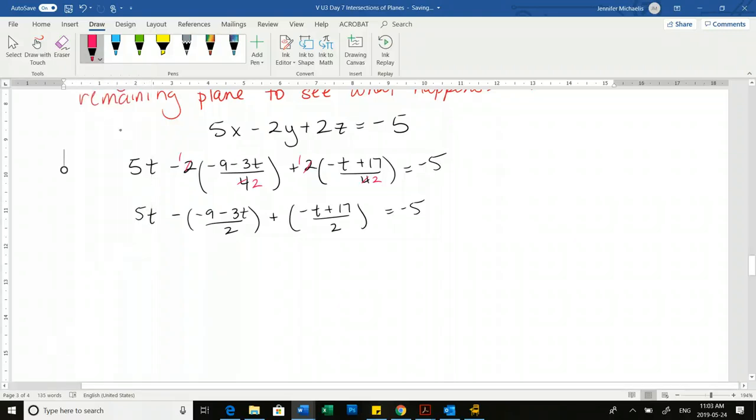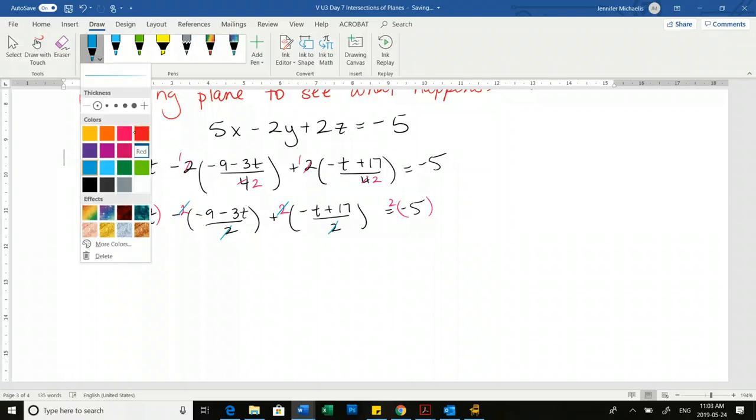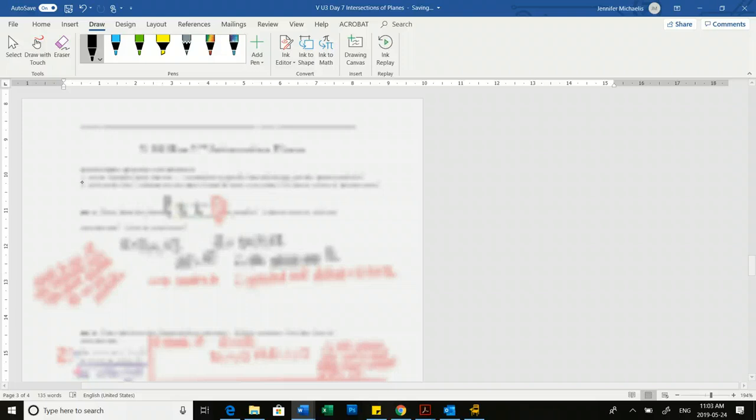If you have fractions, we don't like to isolate with fractions, so we can multiply everything by 2, every single thing, so that these can cancel. This cancels, and then we can drop the brackets here.